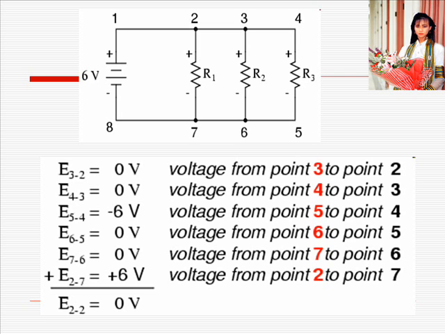Tallying up voltages around loop 2, 3, 4, 5, 6, 7, 2, we get... Note how I label the final sum voltage as E22, since we began our loop stepping sequence at point 2 and ended at point 2. The algebraic sum of those voltages will be the same as the voltage measured between the same point, E22, which of course must be 0.